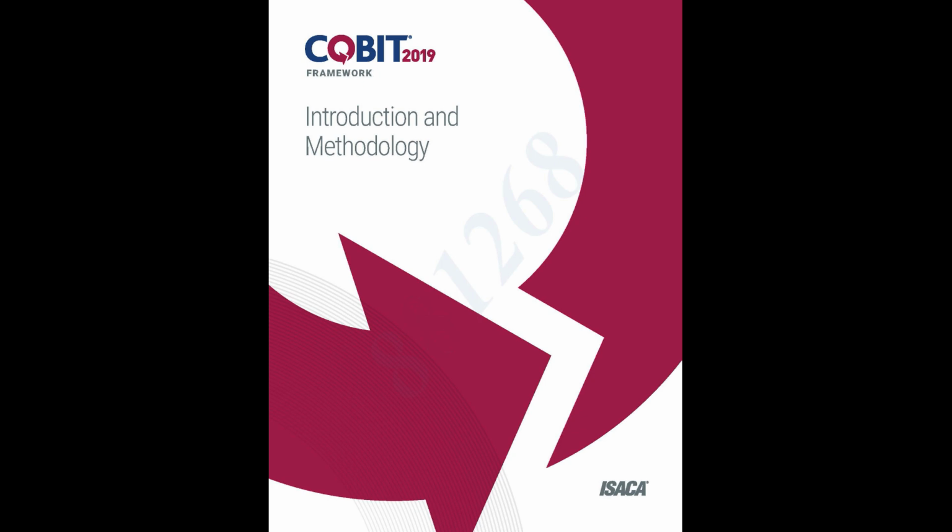Crucial. Fifth, culture, ethics, and behavior. This is huge. The mindset, the values, how people actually operate. Often overlooked, but vital. Sixth, people, skills, and competencies. Do you have the right people with the right skills? Can't do anything without them. And seventh, services, infrastructure, and applications. The tech itself that supports everything.